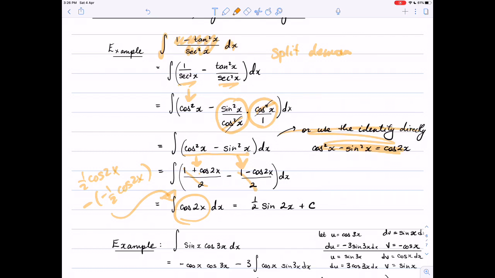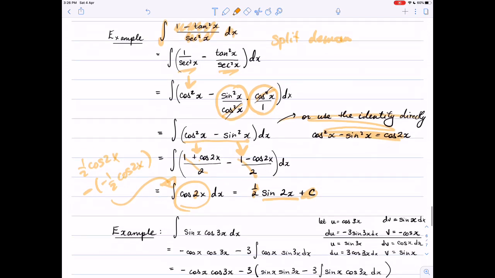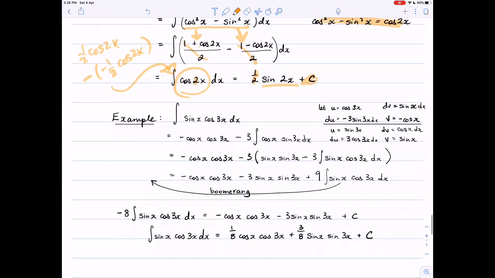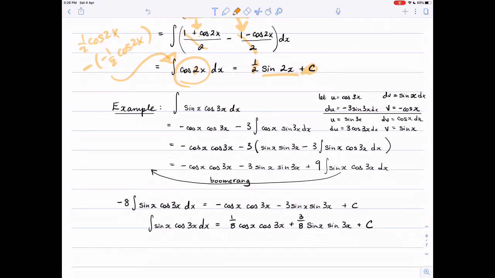Mini sub, you've got a 2 here, so you get a 1 over 2 outside, and the antiderivative of cos is sine 2x plus c. Right, so that is a non-standard trig integral, a non-standard example using just all of your trig knowledge and algebra knowledge that you have accumulated. One more of these is going to be another integration by parts.